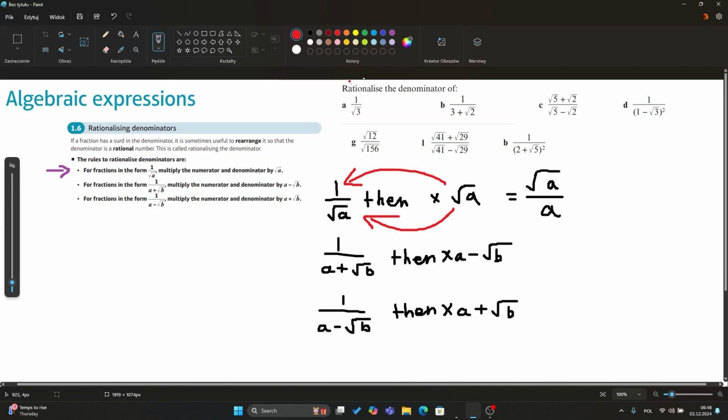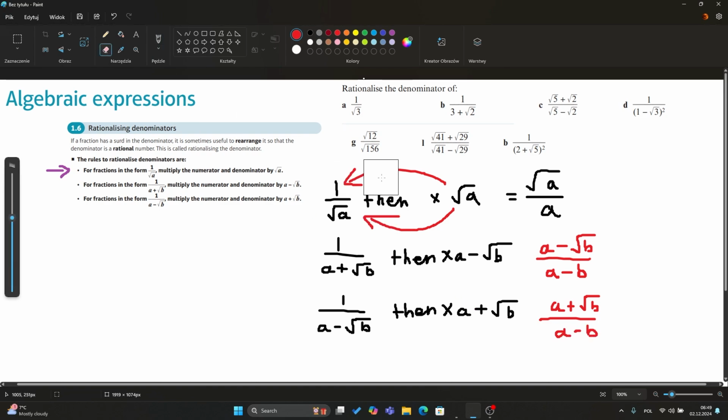The same goes with 1 over a plus root b, where in here we have positive and we multiply it by the negative result. So this would give us a minus root b over a minus b. And here it would give us a plus root b over a minus b.